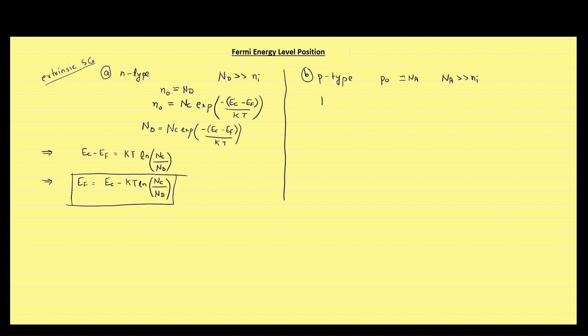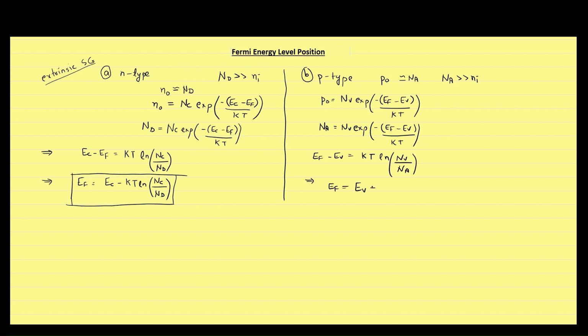Hole concentration P naught is equal to... Now replacing P naught by Na, we will have... so we have the formula for calculating Fermi energy level for p-type and n-type extrinsic semiconductors.